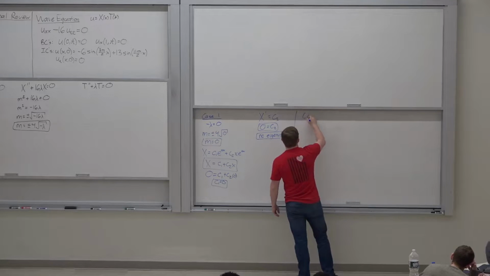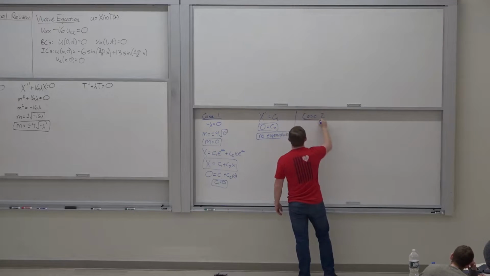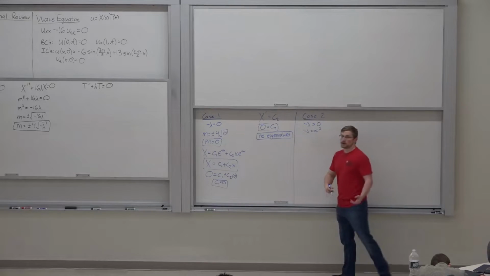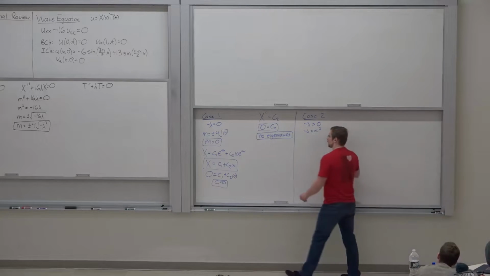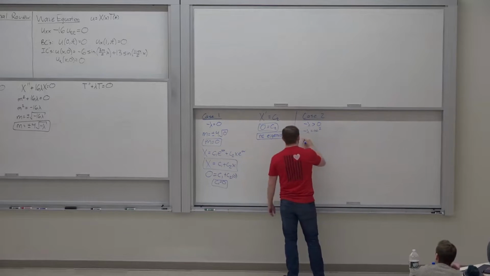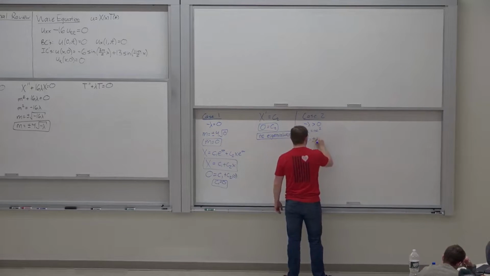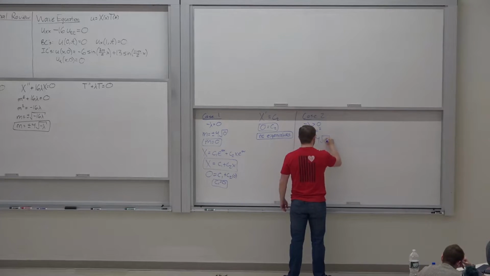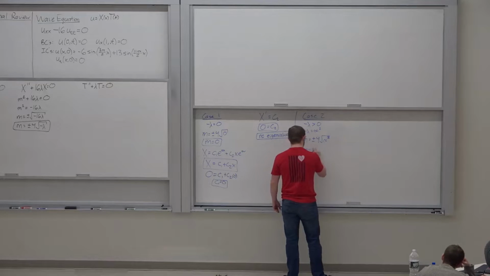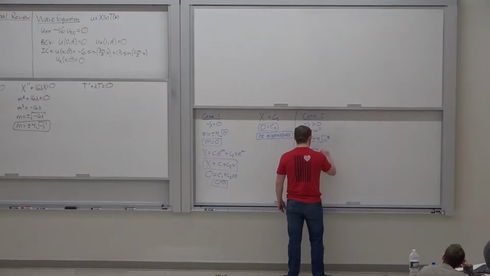Very good place to proceed. So we have case 2. And in case 2, our negative lambda is going to be greater than 0, which means negative lambda is equal to alpha squared. So I take that alpha squared, I plug it in for my m all the way over there, and I have m is equal to plus or minus 4 times the square root of alpha squared, which means m is equal to plus or minus 4 alpha.